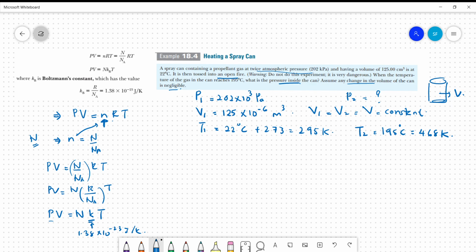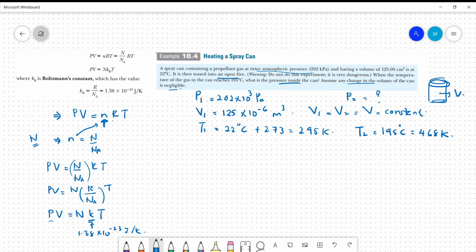Kalau tak ada sebarang kebocoran for the can, we assume that the volume remains constant. If there is leakage, ataupun we took out a certain amount of gas from it, then the volume will change. In this question, there is no clue saying that we take out a certain amount of gas, so the volume remains constant.